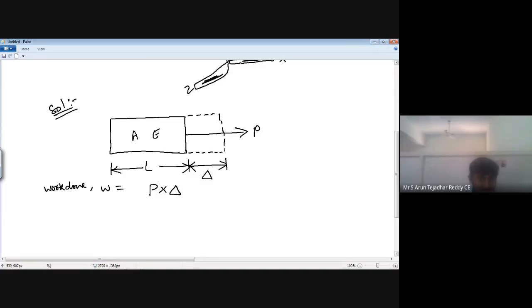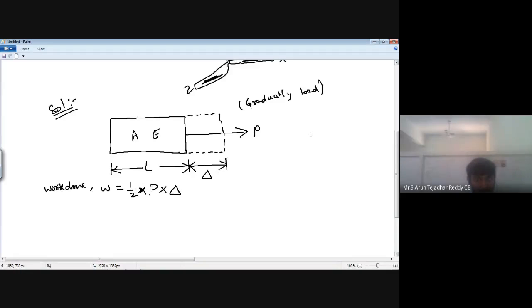Force is whatever load is acting on this body, that is P. It should be multiplied with 1 by 2. Why should it be multiplied with 1 by 2? Because the load is acting gradually. Due to this gradual load, the 1 by 2 happens.